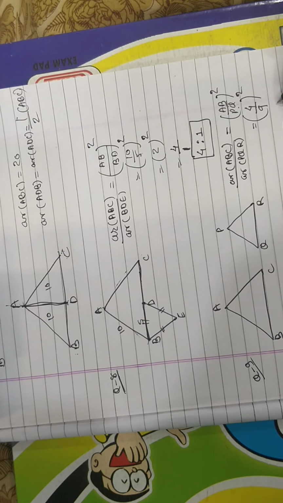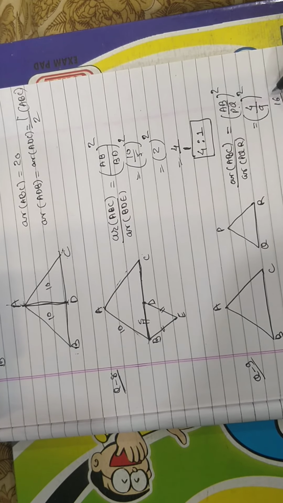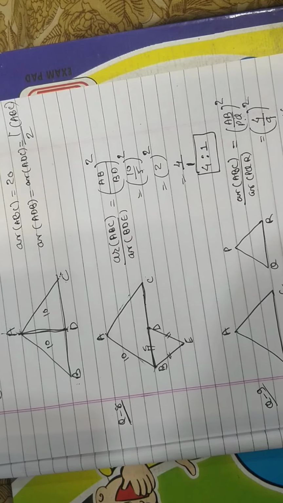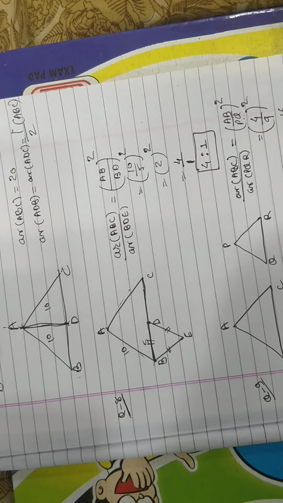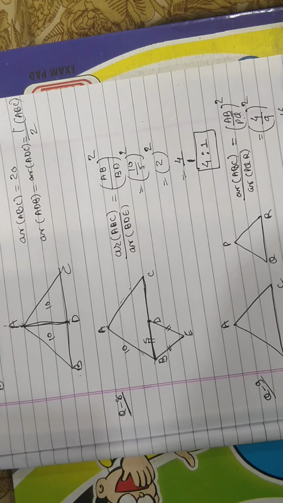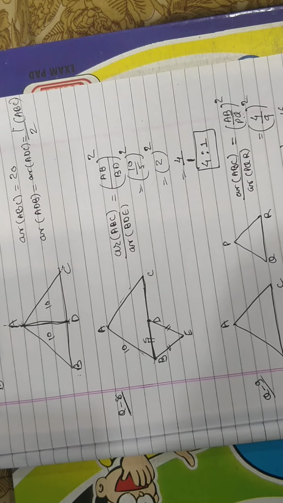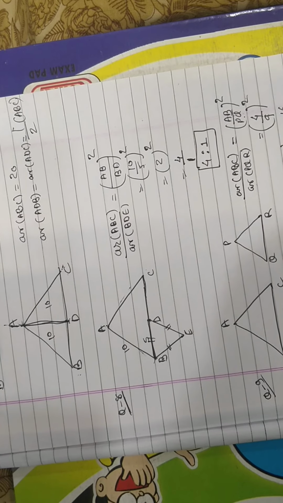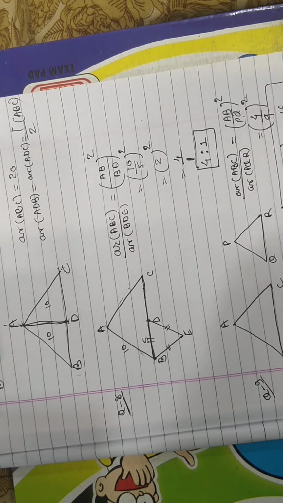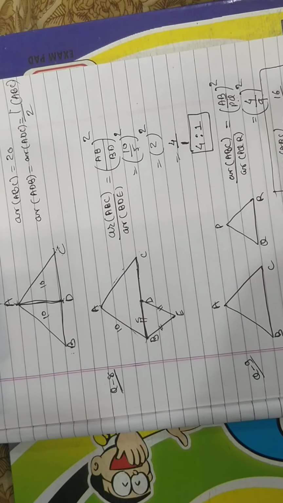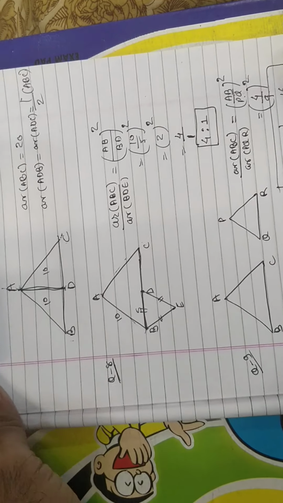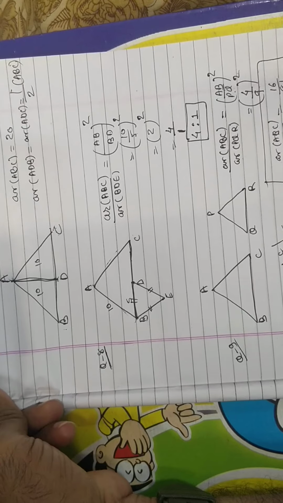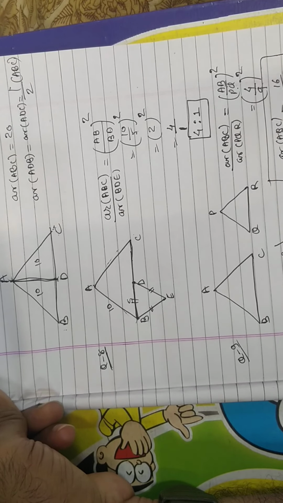So square of 4, it is 16. Square of 9, it is 81. So the area of triangle ABC upon area of triangle PQR, it is equal to 16 upon 81. Okay. So ratio of the areas of two similar triangles is 16:81.